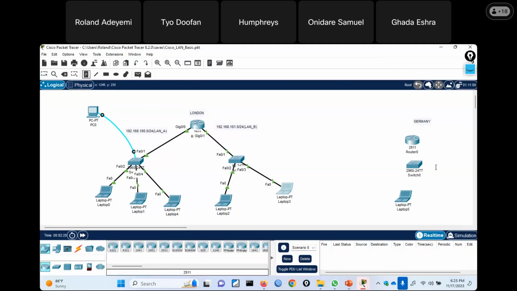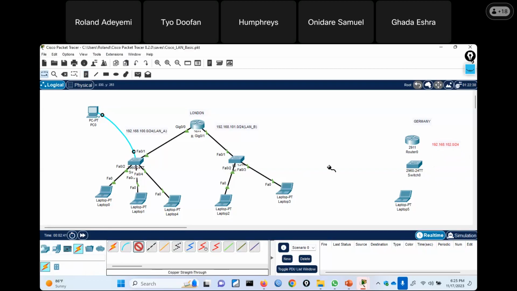So I can pick 192.168.102.0/24 for Germany's network, the local area network in Germany. This will be the network address.